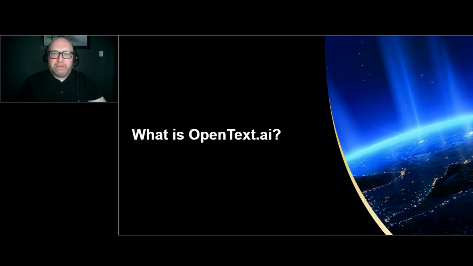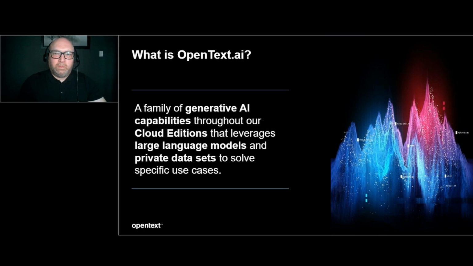So let's now talk about OpenText AI. So in short, OpenText AI is a family of generative AI capabilities throughout our cloud editions that leverage large language models and private data sets to solve specific use cases.